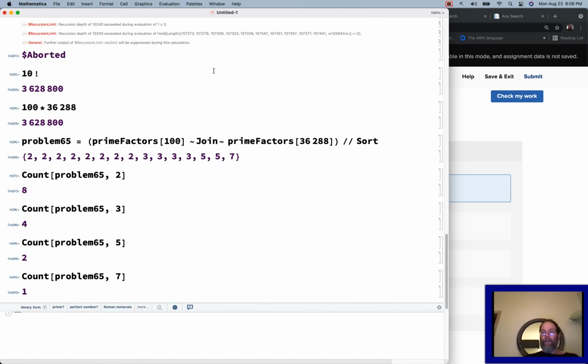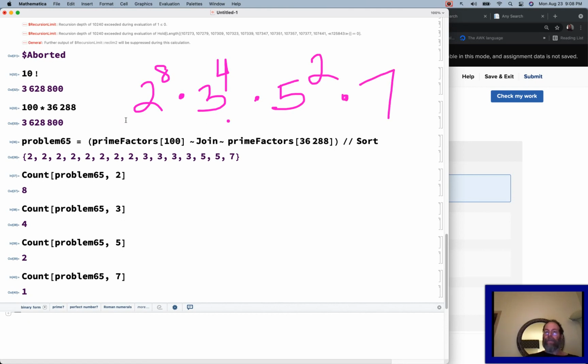So your answer is very simply 2 to the power 8 times 3 to the power 4 times 5 to the power 2 times 7.